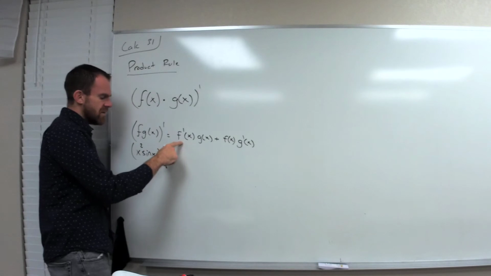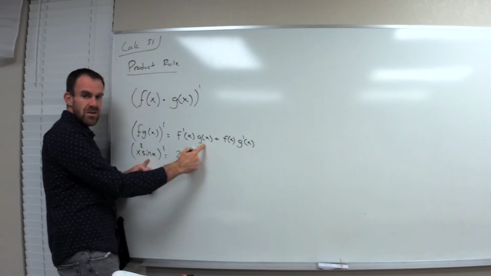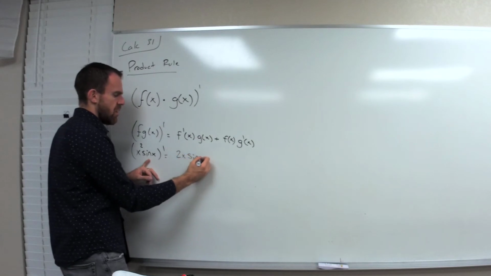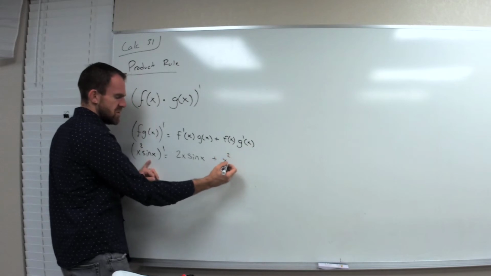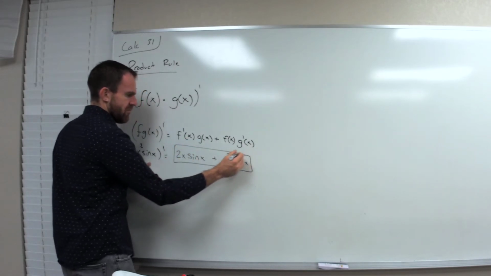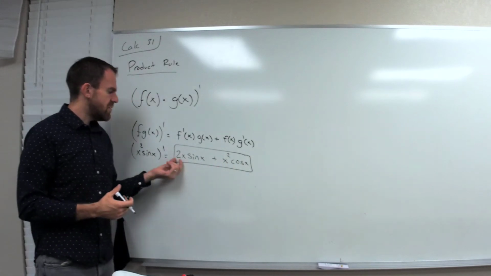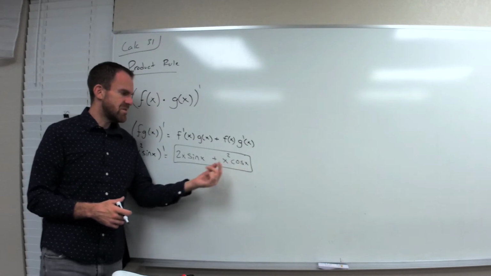So I'm going to take the derivative of x squared, which would be 2x. I'm going to leave the second function unchanged. Then I'm going to leave my first function unchanged and change the second one. And that's the derivative. That's it. Derivative of the first times unchanged second plus the derivative of the second times unchanged first.